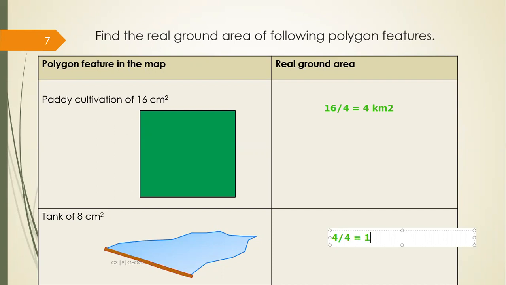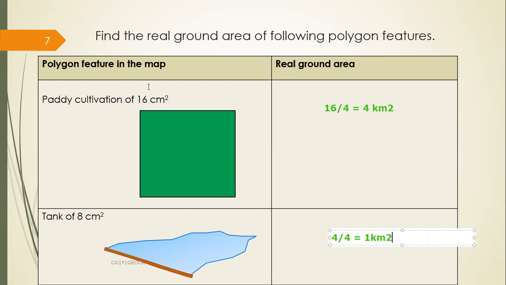Then 1 square kilometer. I can't write superscript 2 here, so it comes for 1 square kilometer, right? Then here 4 square kilometers of paddy cultivation has been given by 16 square centimeters.